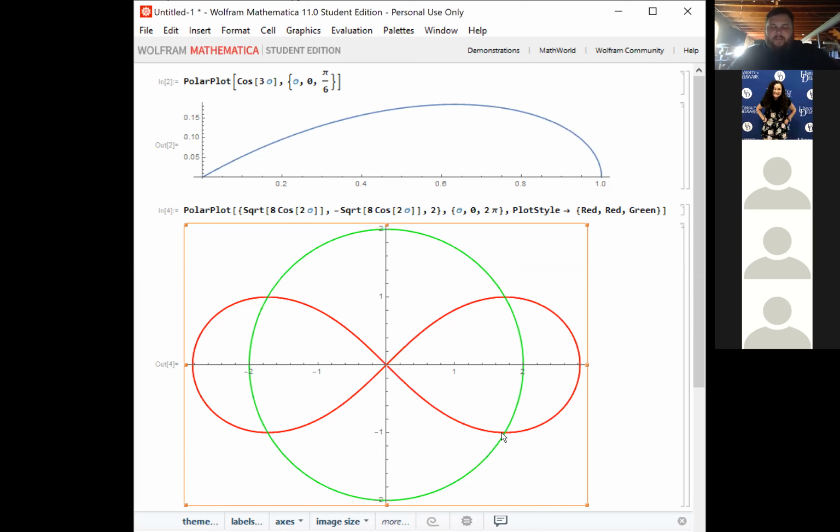Now, the tricky thing is, and it doesn't apply to this problem, but because of the nature of polar coordinates, a particular point does not have to be the same angle. So we're going to solve for these and hopefully they'll be the same angle.